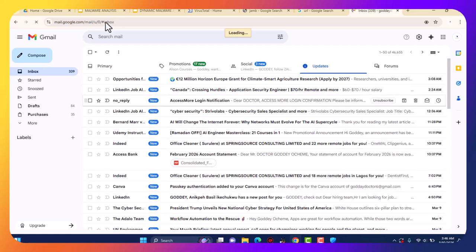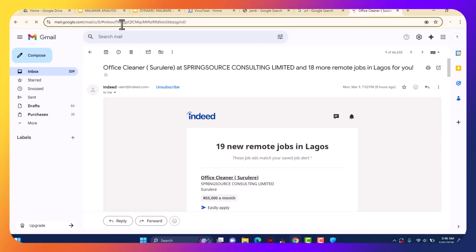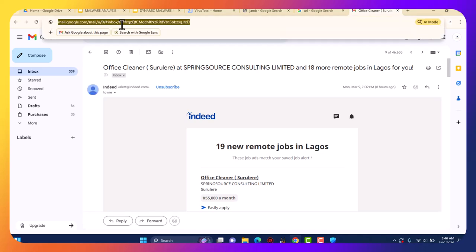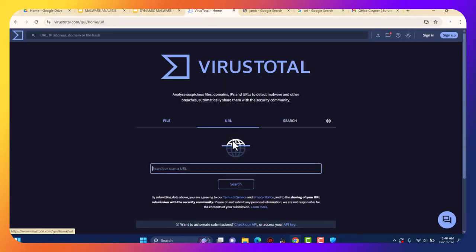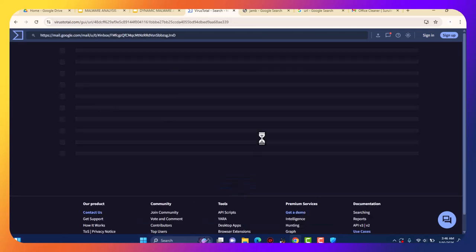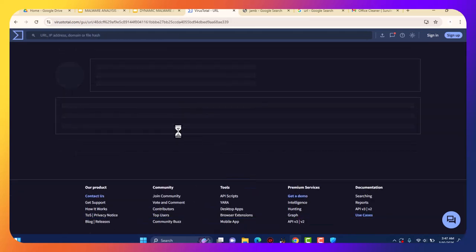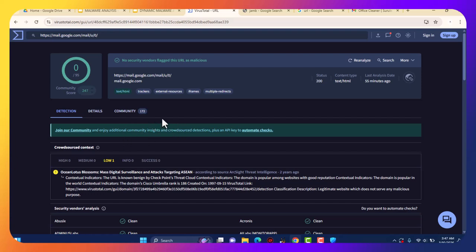If you copy it and go to your URL as we are seeing there, and paste and search, if that particular mail has a file, it's not just scanning the link. Are we together? It's scanning both the link and the link content.